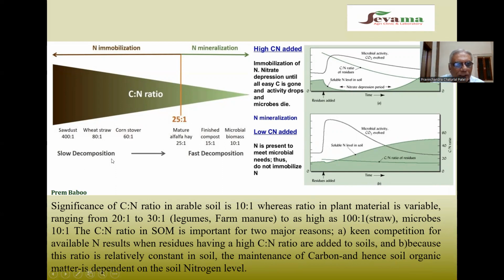So when the CN ratio is wider, there is slow decomposition. When the ratio is 25:1 or narrower, then there is fast decomposition and nitrogen is released, meaning mineralization. Whereas slow decomposition means nitrogen immobilization.